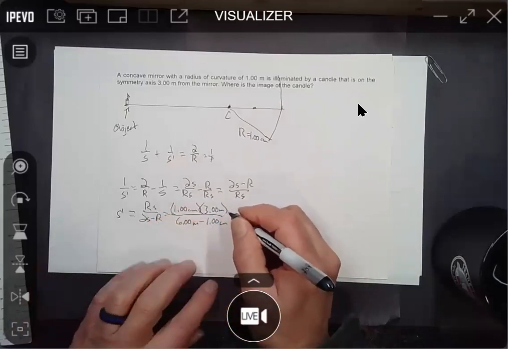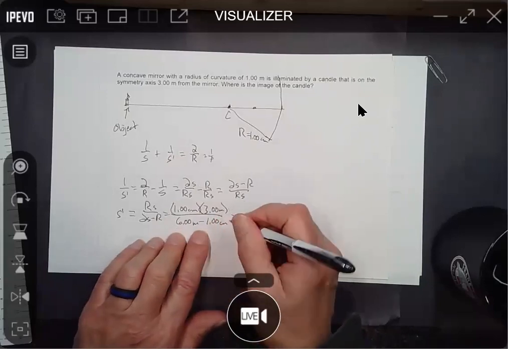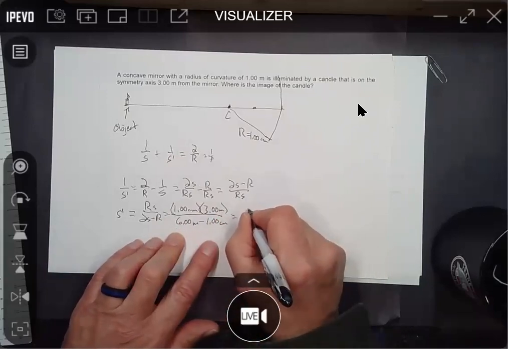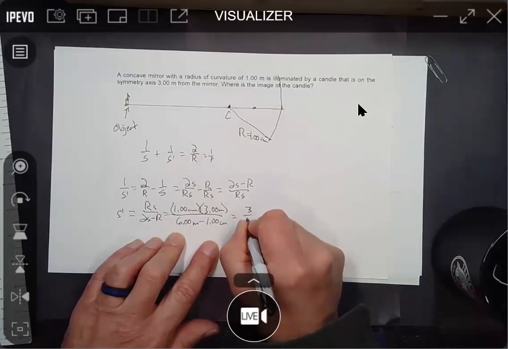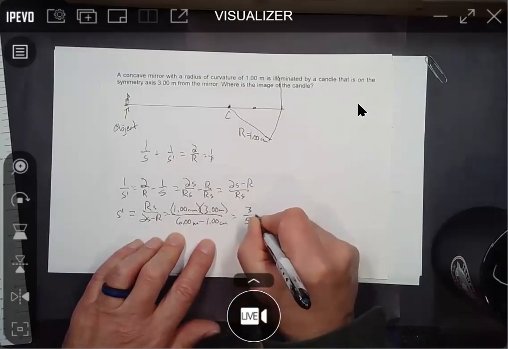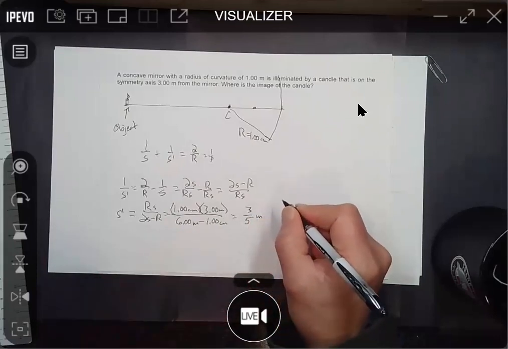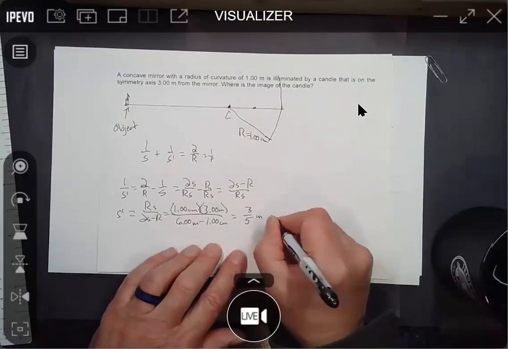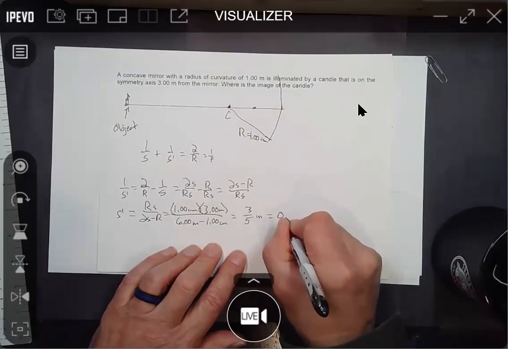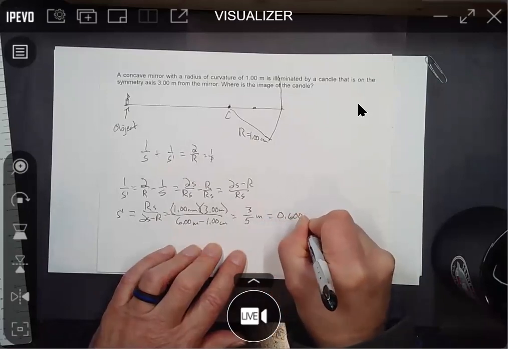So that looks like a 3 on top and 5 on the bottom. So S prime is going to be 3/5 of a meter, with 3 significant figures, 0.600 meters.